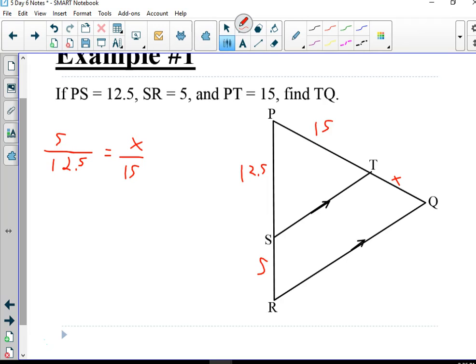So 15 times 5 is 75 equals 12.5x. And then if we take 75 divided by 12.5, we get x is 6.